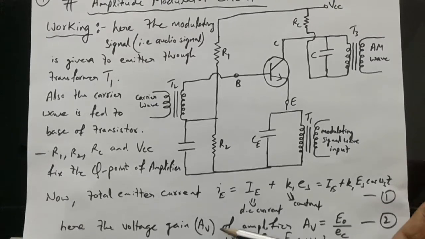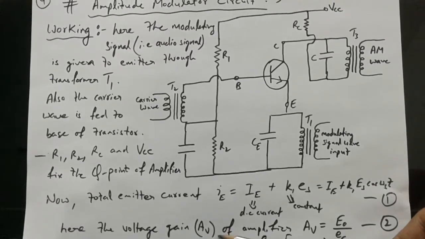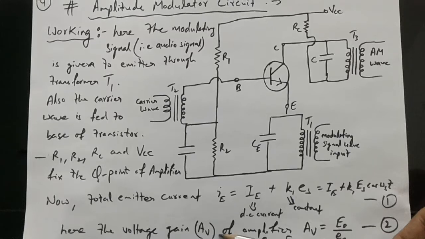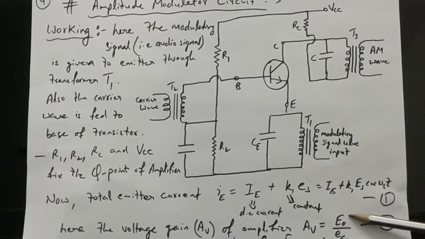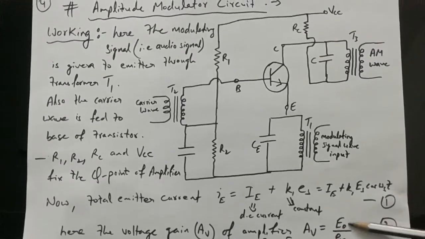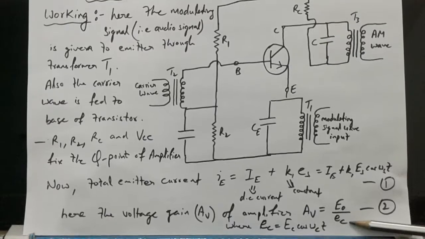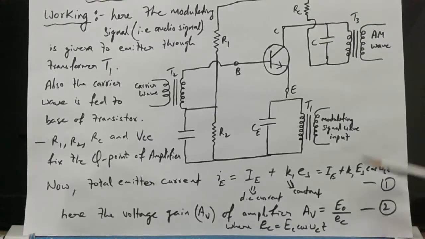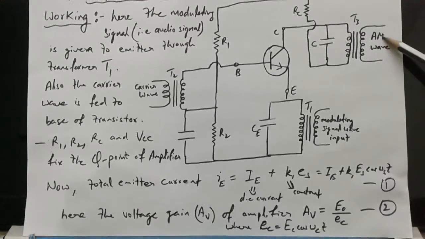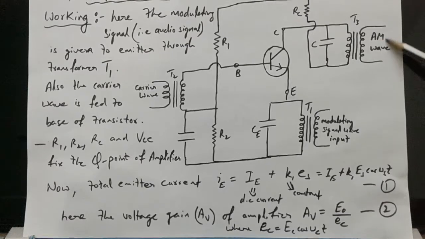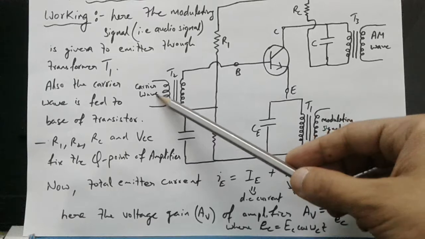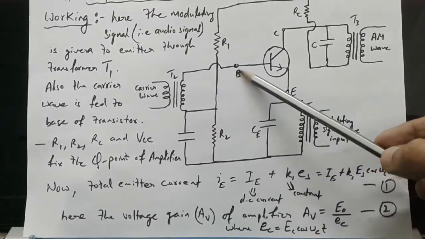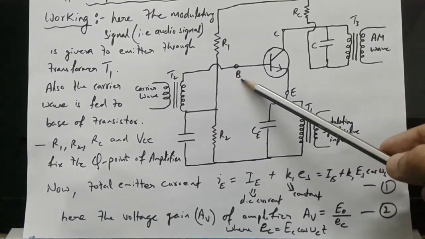The other thing which you must remember is the voltage gain of amplifiers. Voltage gain is the ratio of output voltage over input voltage. Here the output voltage, the AM wave, is across the collector, and the input voltage is this carrier wave which is fed to the base of the transistor.